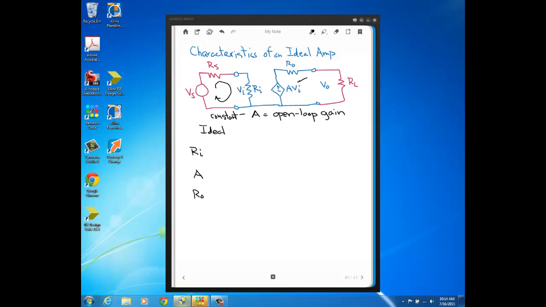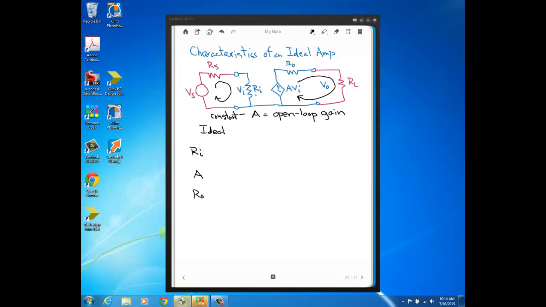So in this very generic type of circuit, it closely resembles the specific type of amplifier analysis we did with the BJT common emitter, because there we had two loops too, right? A base loop and a collector loop, where the base was on the input side of the circuit and the collector was on the output side of the circuit. So here in this very general case we have the same sort of thing. There's a loop over here on the input side and a loop over here on the output side.